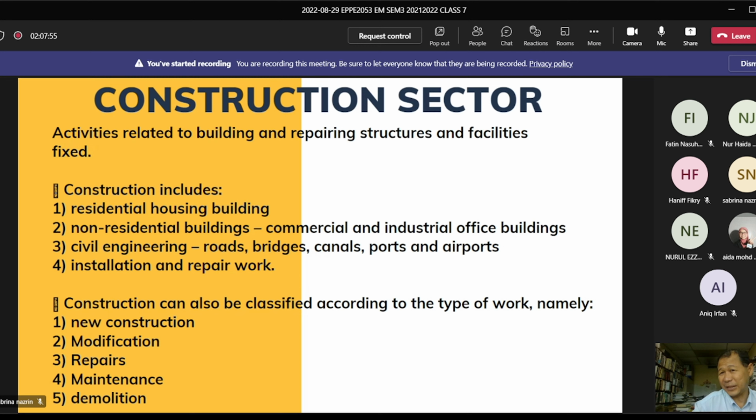And Kuala Lumpur has more skyscrapers than anywhere else in Southeast Asia. Malaysia is number one in having these skyscrapers in Southeast Asia. So very important.